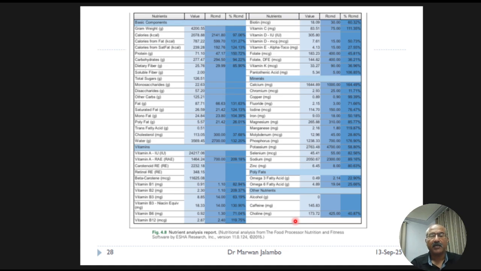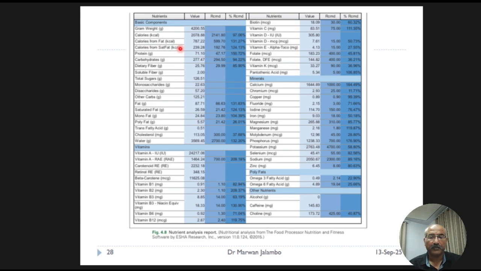It takes the food record or 24-hour recall data and translates it into hard numbers for each nutrient. You can see it organized into sections like calories, fat, protein, vitamins and minerals.